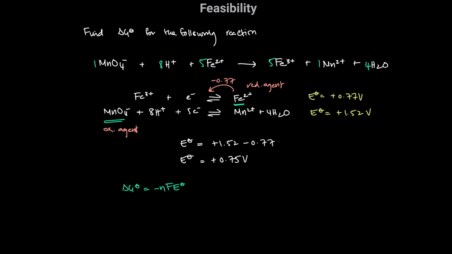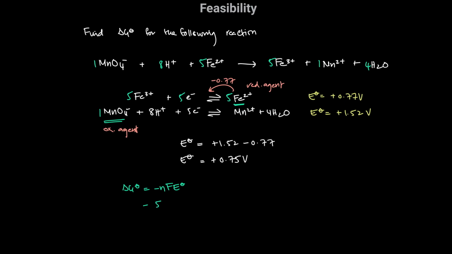Obviously the electrons have to be balanced. Now the electrons are balanced and we have the exact molar quantities in the half equations as we did in the overall equation. So that means we have 5 moles of electrons being exchanged. So N over here is equal to 5.